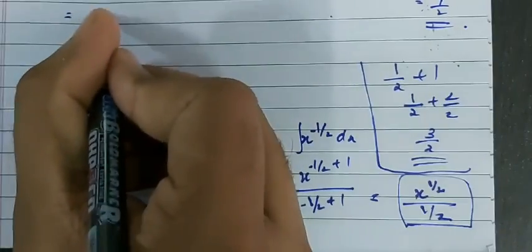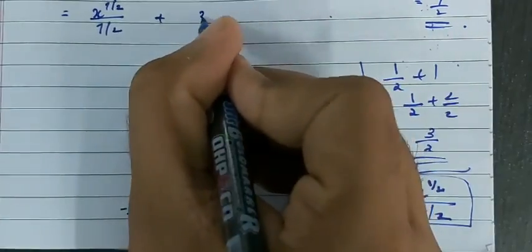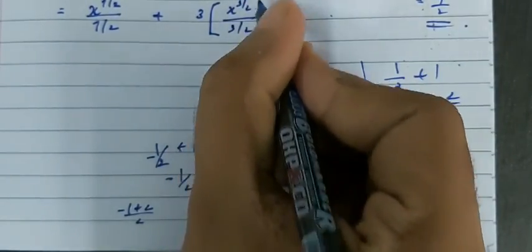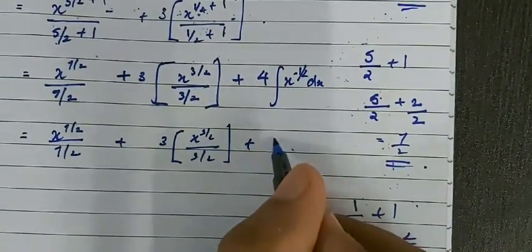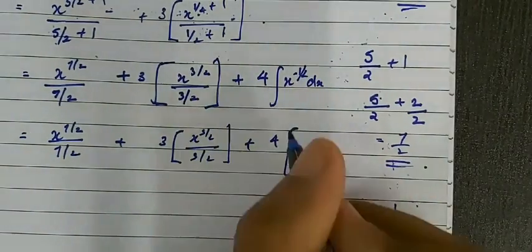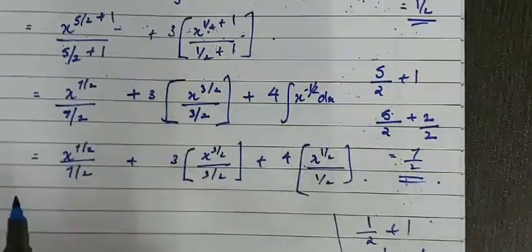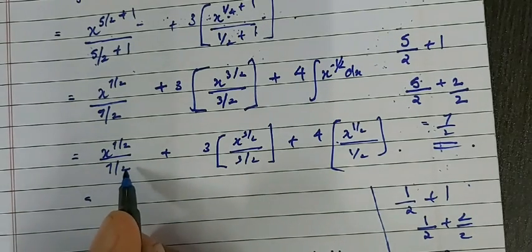So it will become x raised to 7 by 2 by 7 by 2, 3 into x raised to 3 by 2 by 3 by 2 plus 4 into x raised to 1 by 2 by 1 by 2. So in this 7 by 2, look, we can simplify this more.